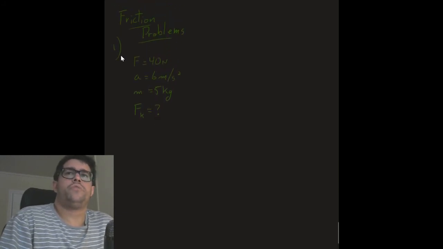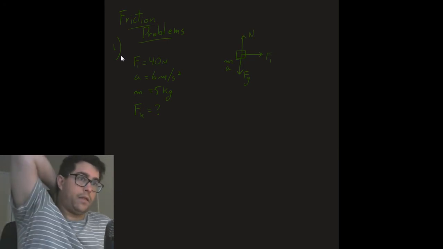Let's first draw the situation and see how complex it is. We have this mass, 40 Newton. That sounds positive to me. F1 accelerates a block M, so this is a mass M. It has an Fg and a normal force by the table, pushing it back up.